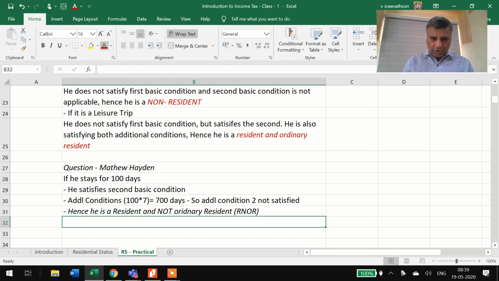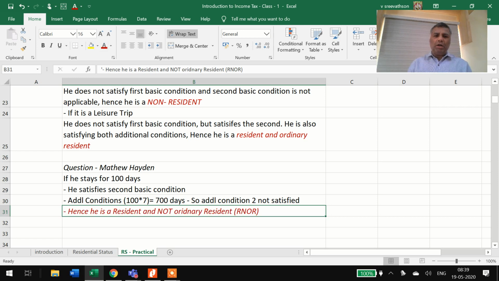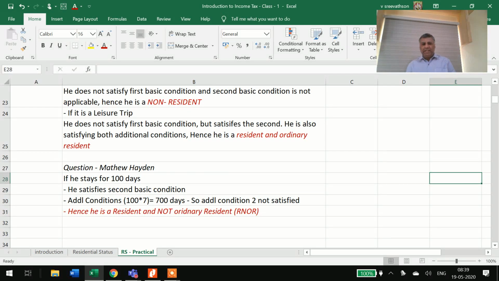Remember, he satisfies the second basic condition, accepted. With regard to additional condition, 730 days, but he is only there for 700 days. So additional condition 2 is not satisfied. Hence he is a resident and not ordinary resident.